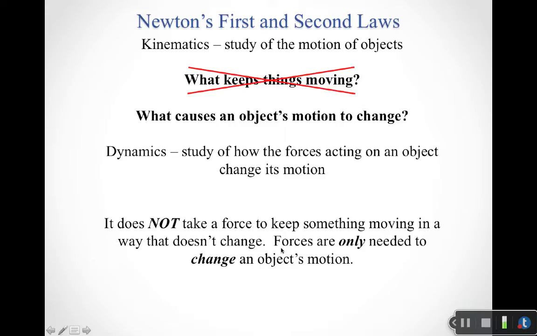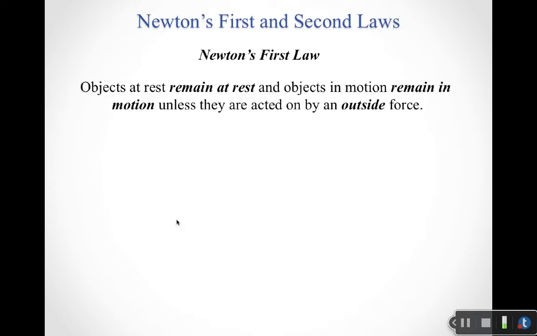The block slows down because there is already a force, in this case the force of friction, acting on it to change the object's motion. You are providing a second force that balances out the force of friction so that the object's motion doesn't change. This idea of when an object's motion doesn't change is best encapsulated in Newton's first law.